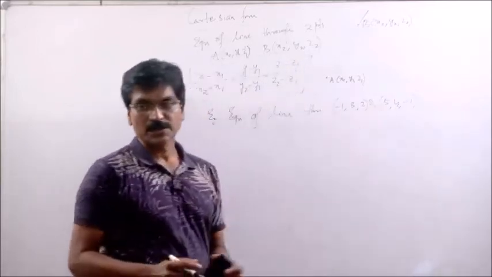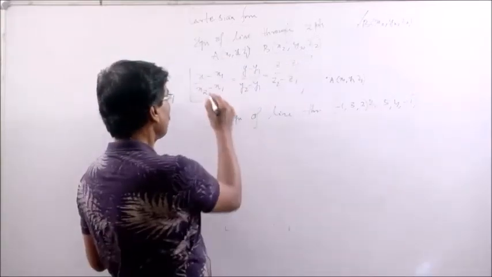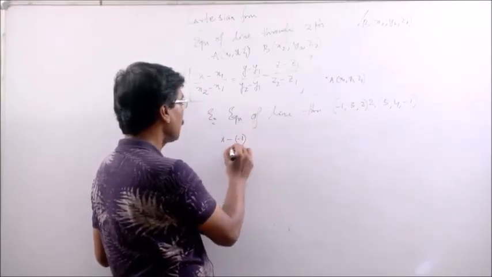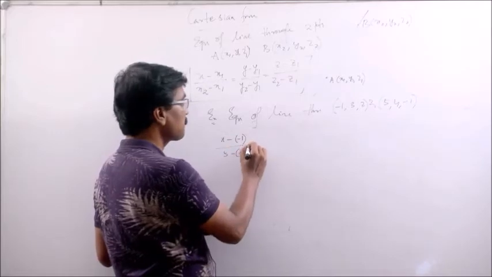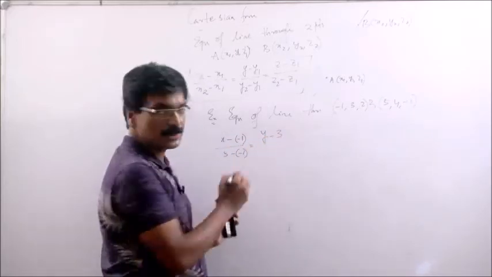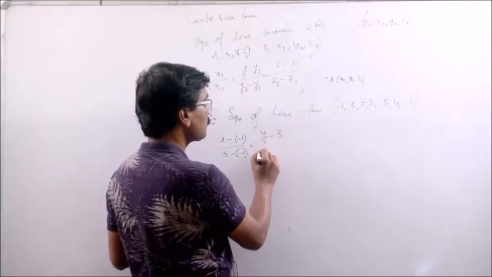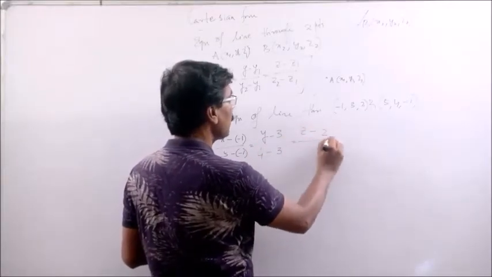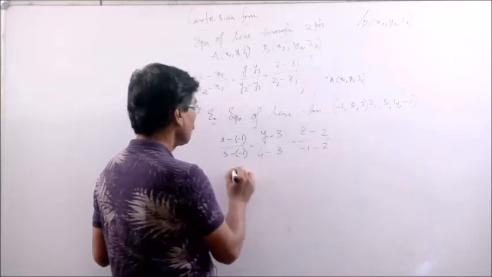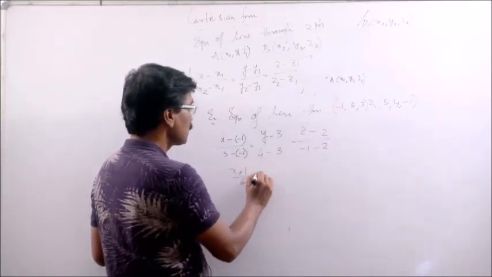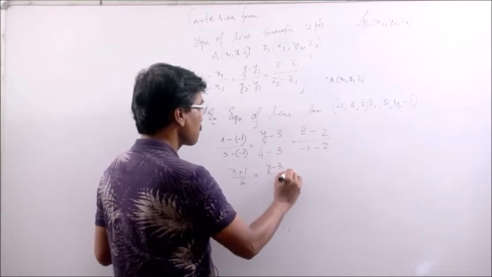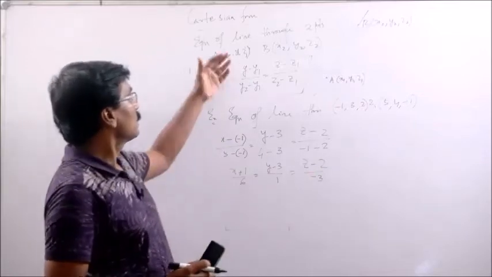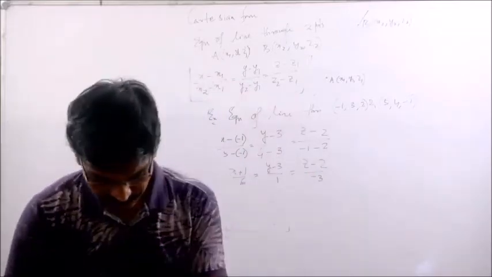These two points are given, so we can put in the formula directly: (x minus minus 1) divided by (5 minus minus 1) is equal to (y minus 3) divided by (4 minus 3) is equal to (z minus 2) divided by (minus 1 minus 2), that is (x plus 1) by 6, (y minus 3) by 1, (z minus 2) by minus 3. So this is the equation of the line in Cartesian form.